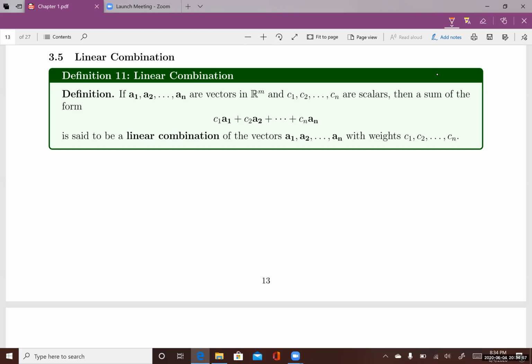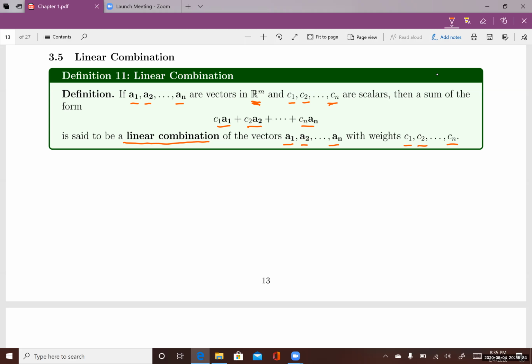So linear combinations, by definition: if you have n vectors in Rm and you have n scalars, C1, C2 to Cn, then the sum of the form C1A1 plus C2A2 plus CnAn is said to be a linear combination of these vectors A1, A2 to An with weights C1, C2 to Cn.